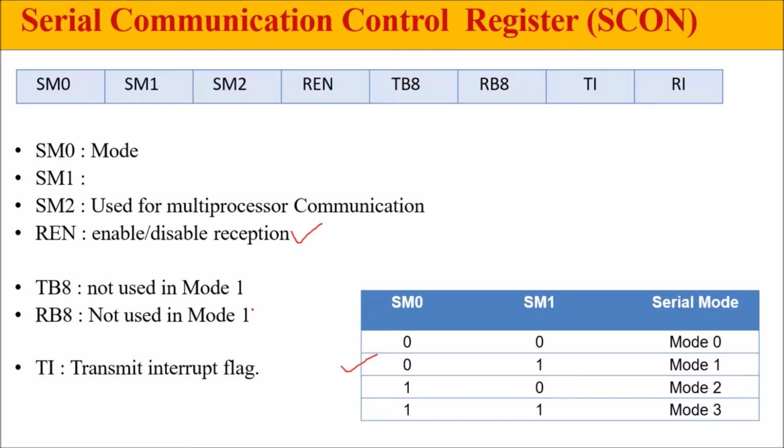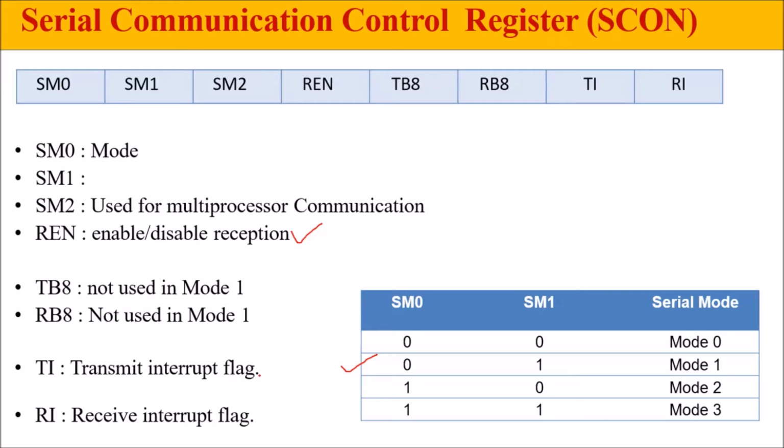TI and RI are the transmit interrupt flag and receive interrupt flag. When one character is transmitted completely, this TI bit is automatically set to 1 by the microcontroller. Same for reception of a character. When one complete character has been received by the UART block, this RI bit is set to 1.